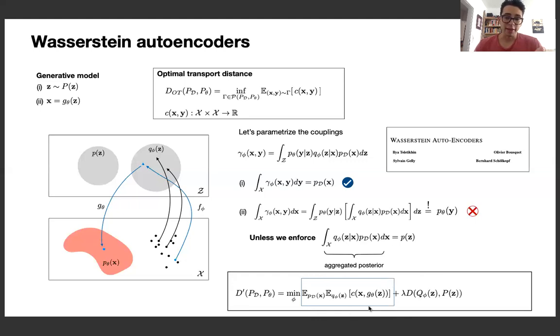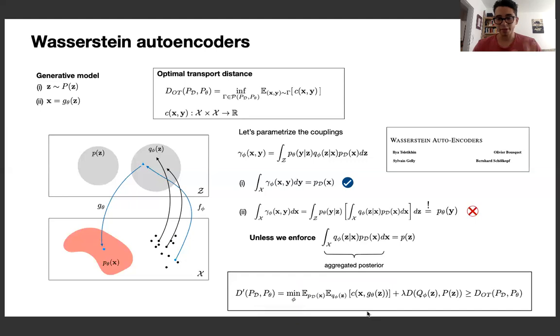We can literally use any cost that we're interested in. The nice thing is that if we choose, for example, the norm 2 as the cost, then the whole Wasserstein autoencoder just maps to the adversarial autoencoder that we mentioned before. So this is the theory behind the adversarial autoencoder, which is a paper that came before this one.